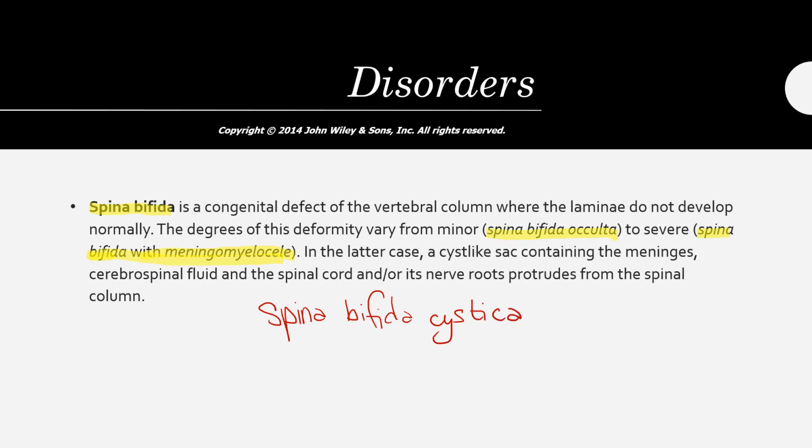And this cystica is because of the presence of a cyst-like sac that actually protrudes from the backbone. So you have this sac containing the meninges, the membrane covering the spinal cord, as well as the cerebral spinal fluid, actually protruding out of the back.